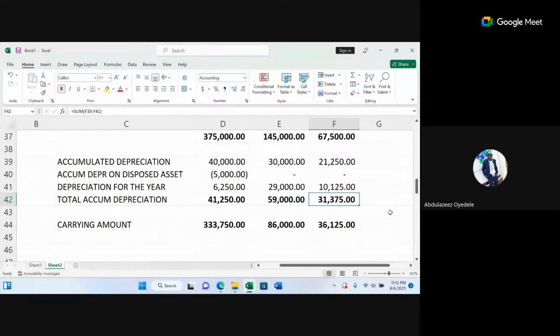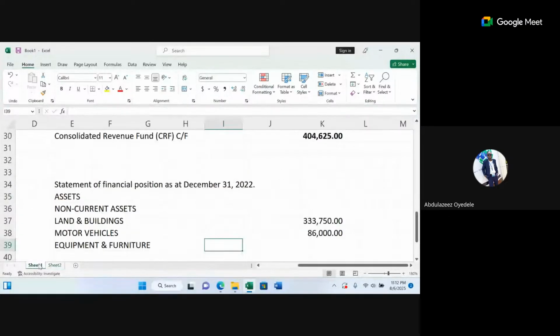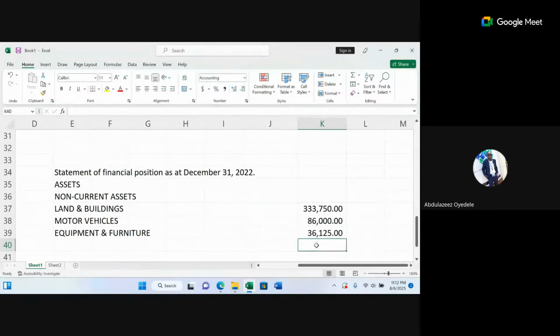And so automatically the carrying amount, which is the subtraction of the accumulated depreciation from the cost, will now give us 36,125. So we can take that also to our solution. Equipment and furniture, 36,125. So with this, we have the total of the tangible non-current assets.